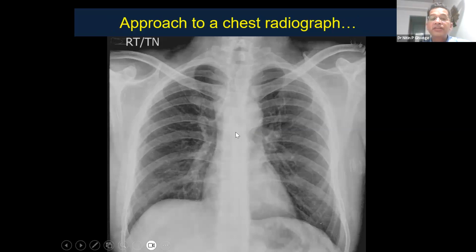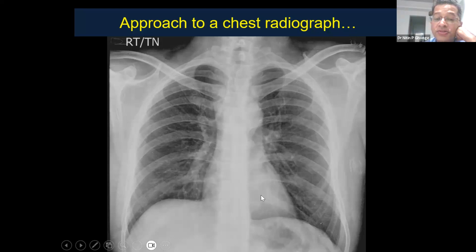Then the chest radiograph is very important for the nephrologist from multiple points of view, as we need to look at the lung fields for pulmonary edema, if there is any cephalization. So these are the blood vessels which are more prominently seen in the lower zones, which is a normal case in a standing position.